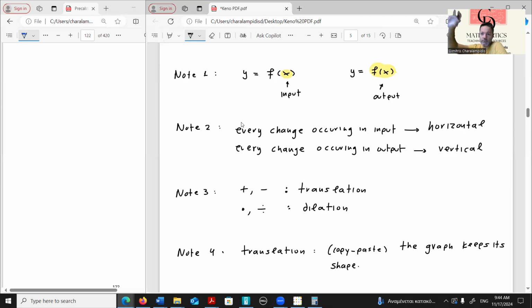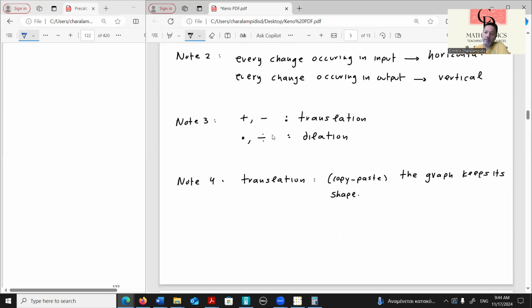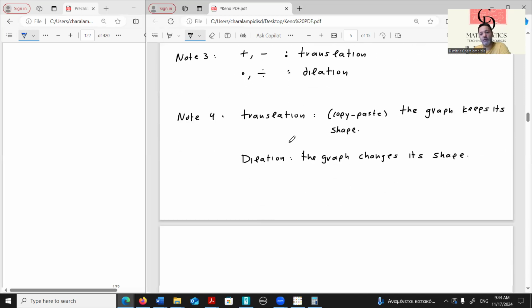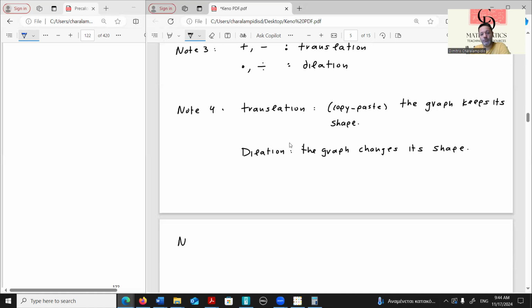It simply moves in a different place. By dilation, the graph changes its shape.